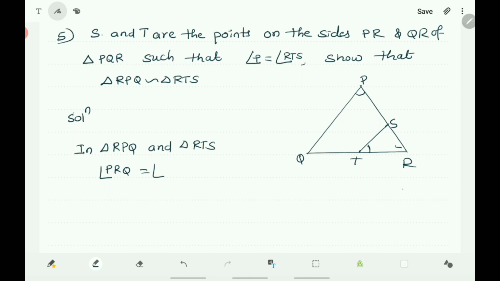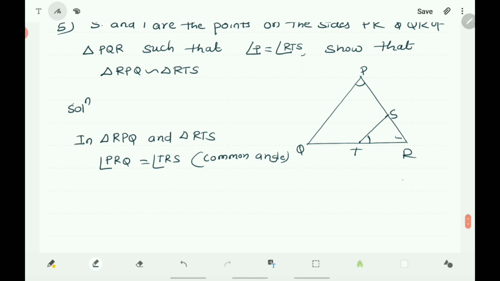You write TRS. The reason is that it is only one angle, the common angle. That one angle is the angle of both the triangles, so you can consider it as a common angle. And one more angle is given, that is angle P is equal to angle RTS. That is given.